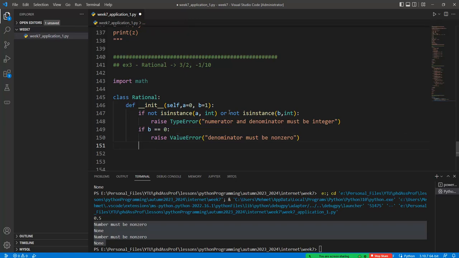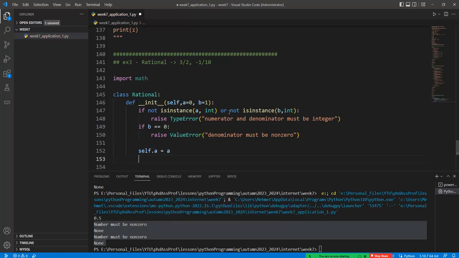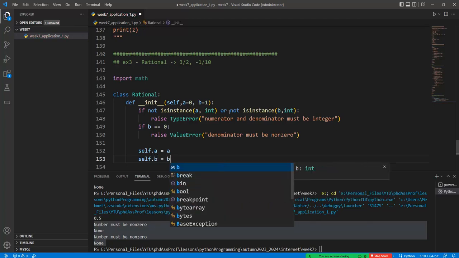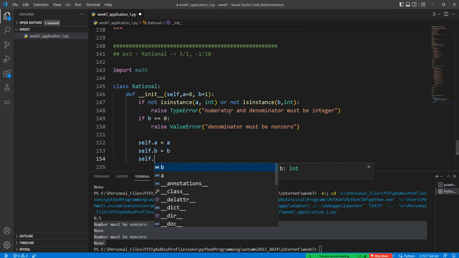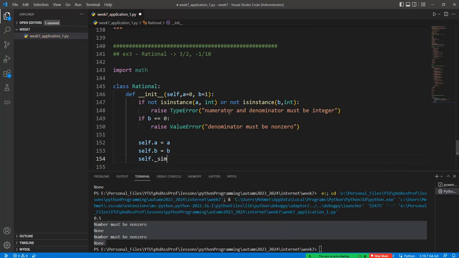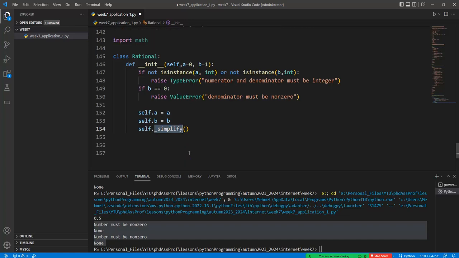If this is not the case, then I can set self.a, self.b, and I can also call the self simplify function body here. What is this simplify? This simplify is implemented by us later in this code.